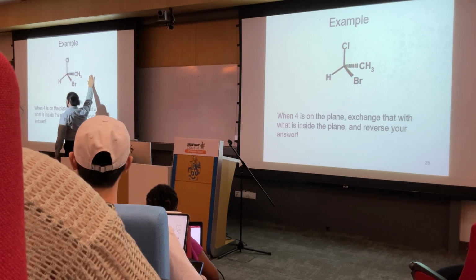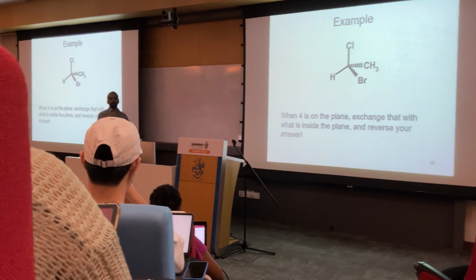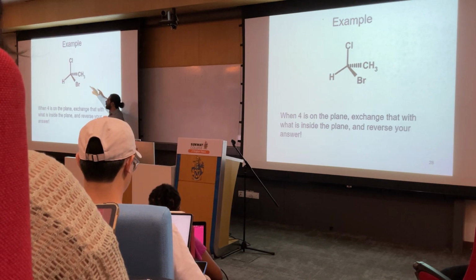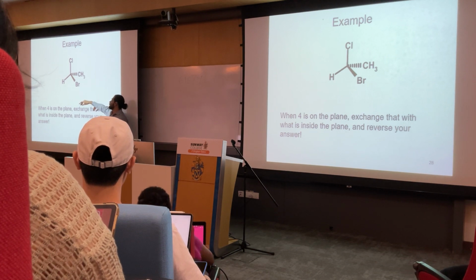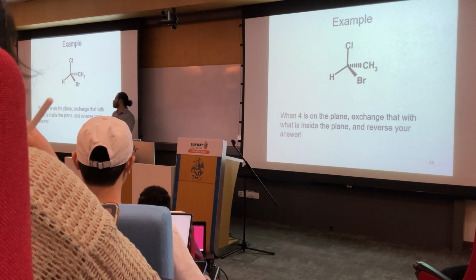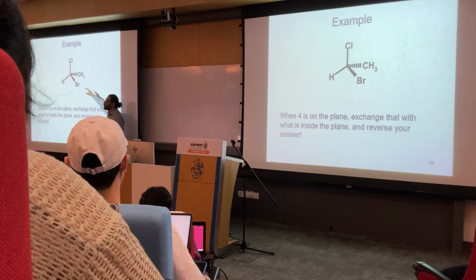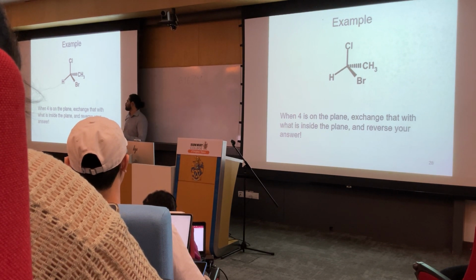So you will redraw the structure by switching these two, and then you do your rotation, and you will still have to reverse your answer because you have done a 90-degree flip, technically speaking, to the molecule, which is not allowed. You can rotate the whole molecule 180 degrees, then you will not have to switch your answer. But since this is a short-range trick, and we are only doing one switch, in that case, we will still have to reverse our answer.